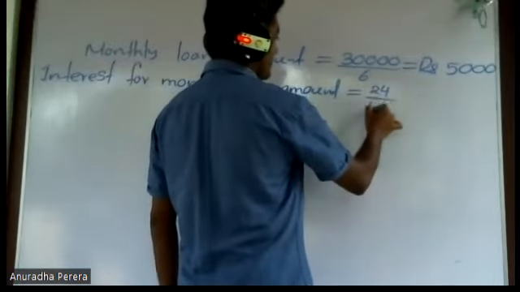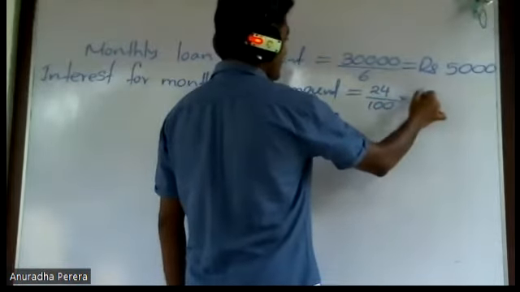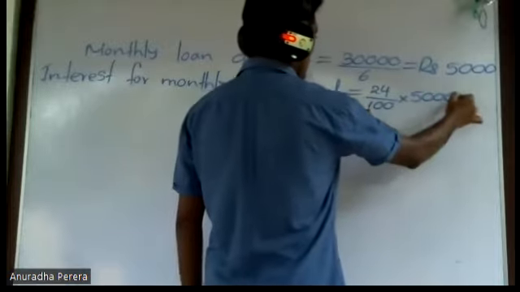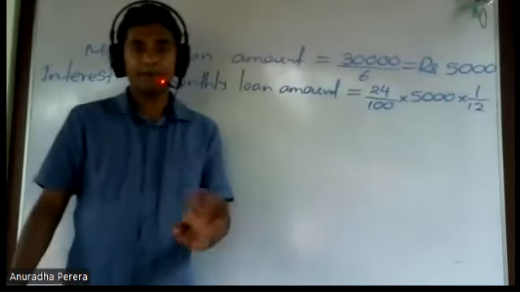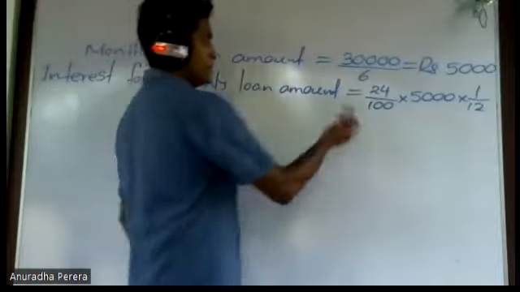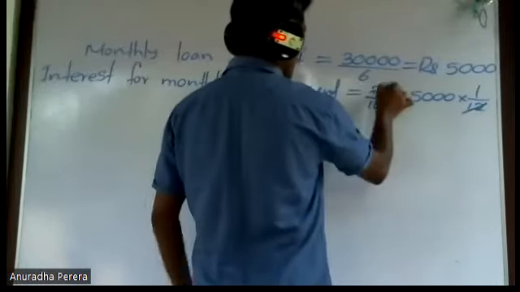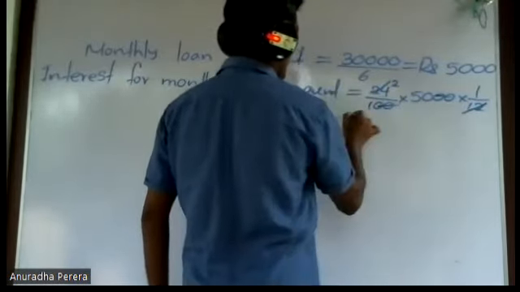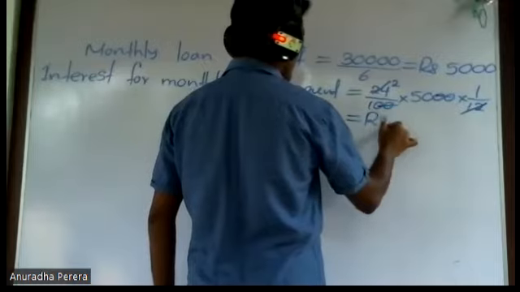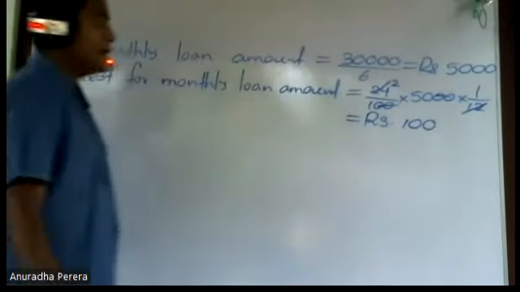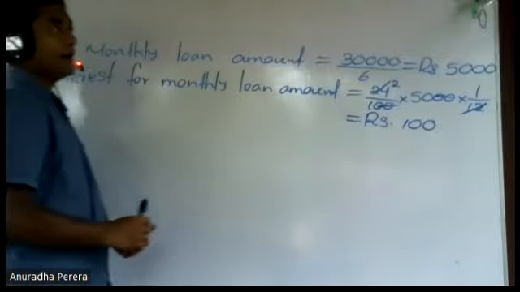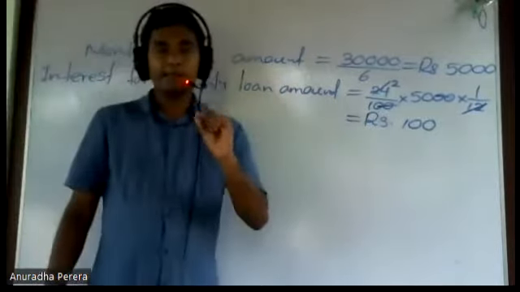To obtain monthly loan amount, divide this one by 12 or multiply by 1/12. Simplify it by 12, it is 100 rupees. Then we define a special term.